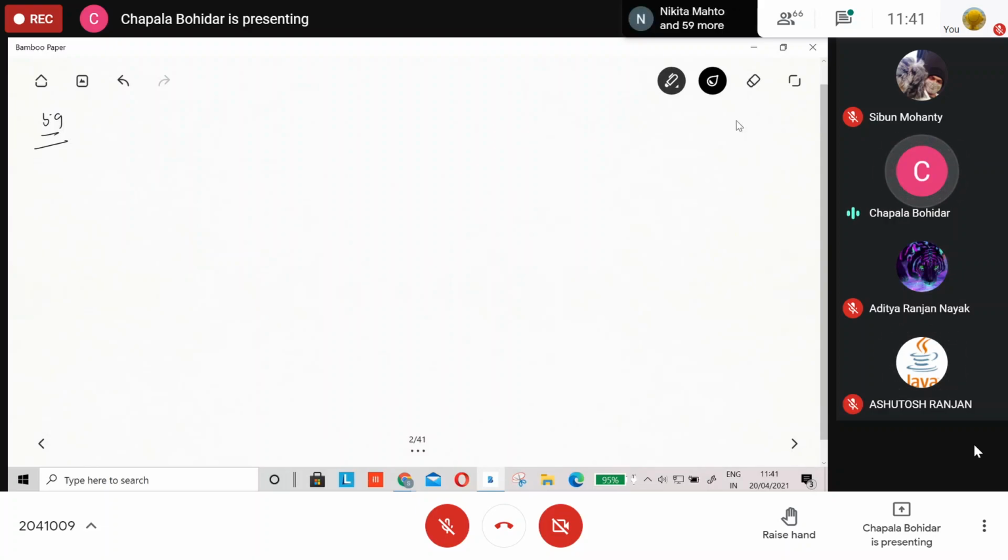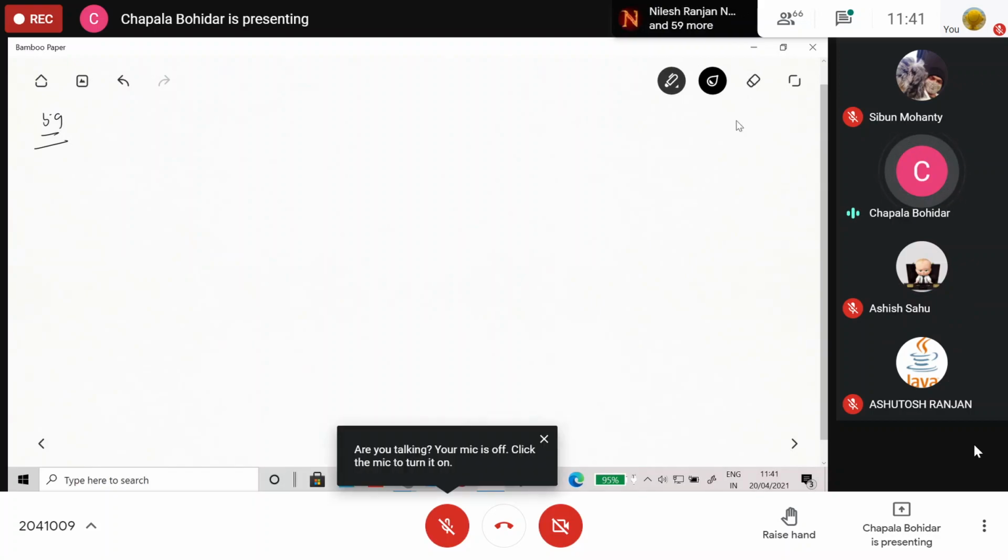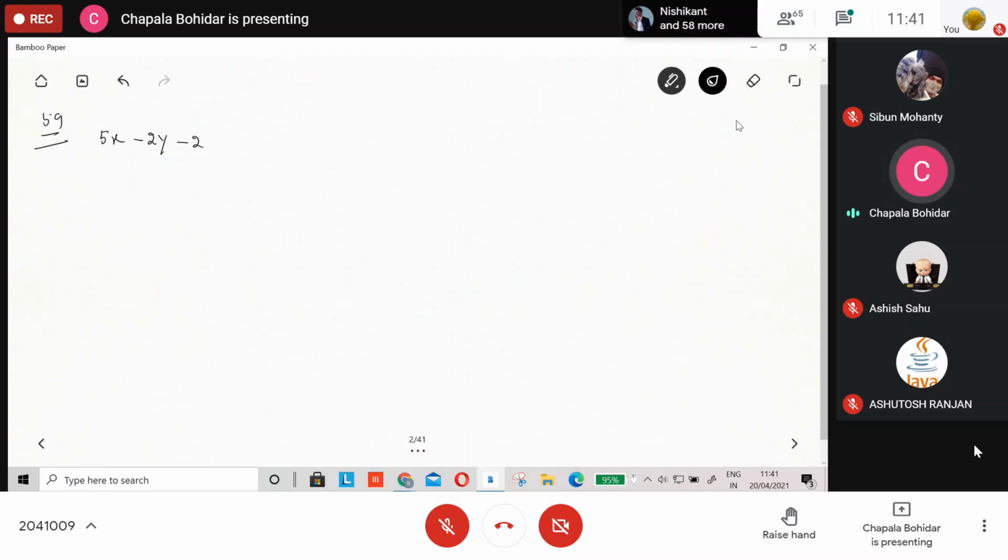Find symmetric equations for the line of intersection of the planes 5x minus 2y minus 2z is equal to 1, and 4x plus y plus z is equal to 6. Do it.